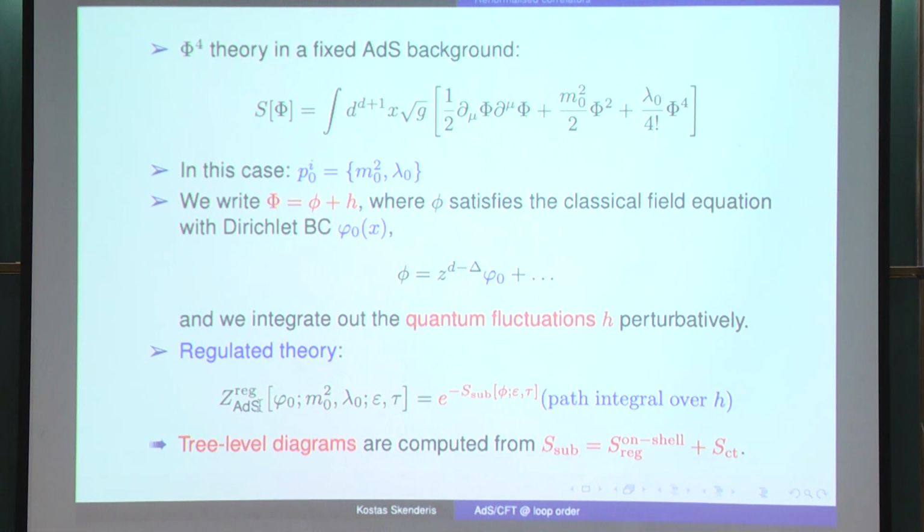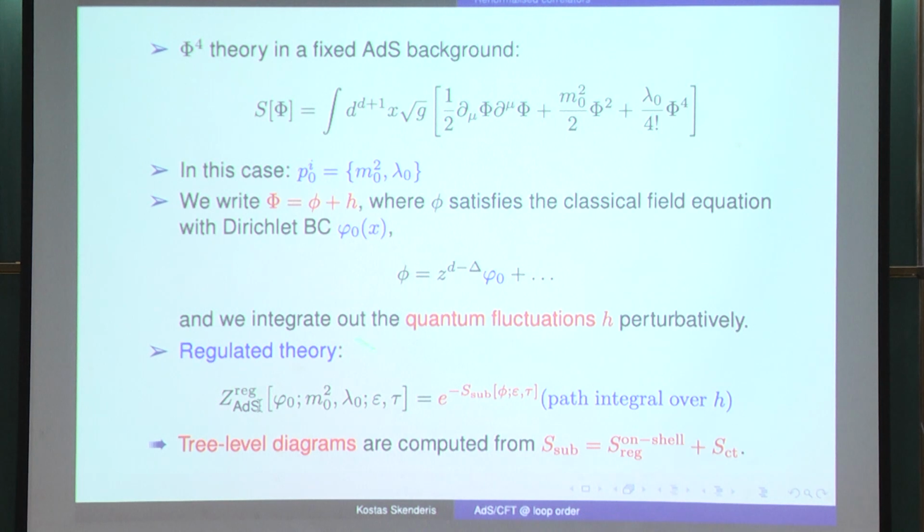Doing this perturbatively means that we need to integrate the fluctuations order by order in perturbation theory. So my regulated theory is where I reduce epsilon by cutting off this integration, as you will see in the next few slides, by doing this geodesic point splitting. And now my task is to compute this regulated expression and then find the right counterterms to make it finite.